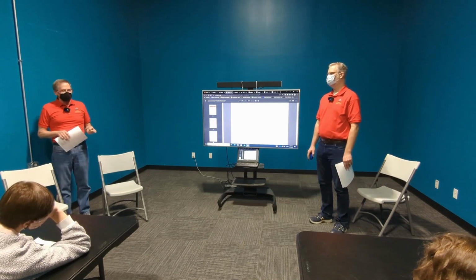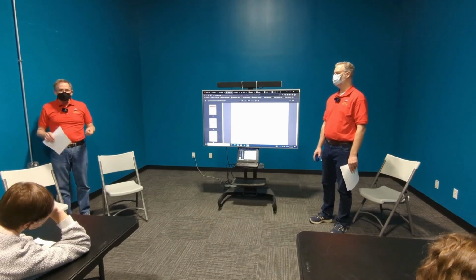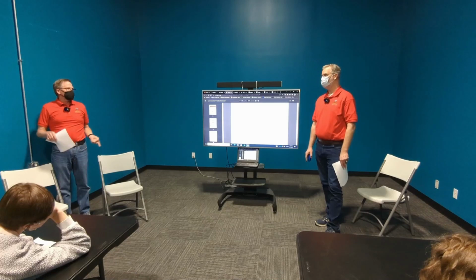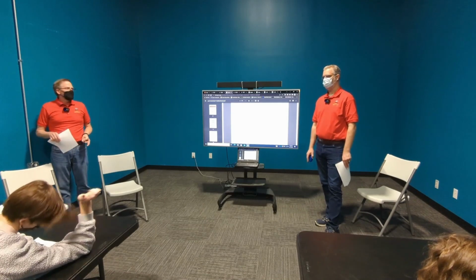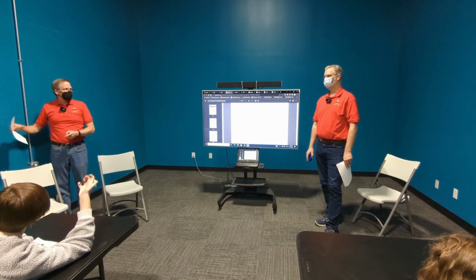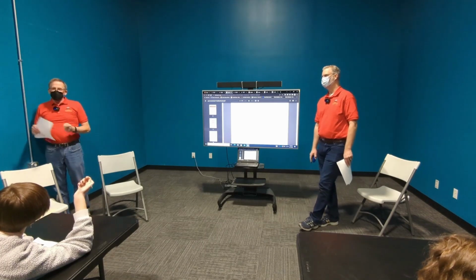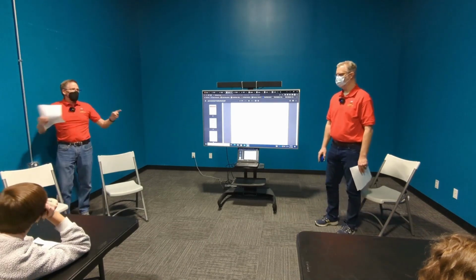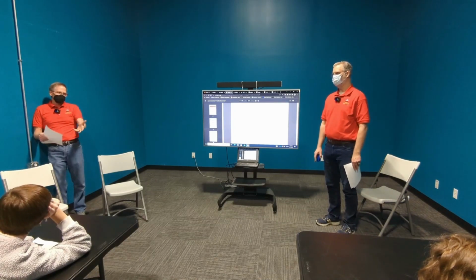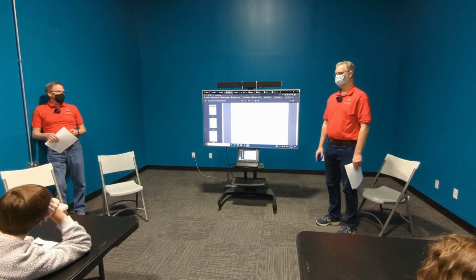Think is a category by itself. If you don't have a strong engineering portfolio, they won't consider you for the Inspire Award. So that's why that engineering portfolio that you're working on right now is so important.